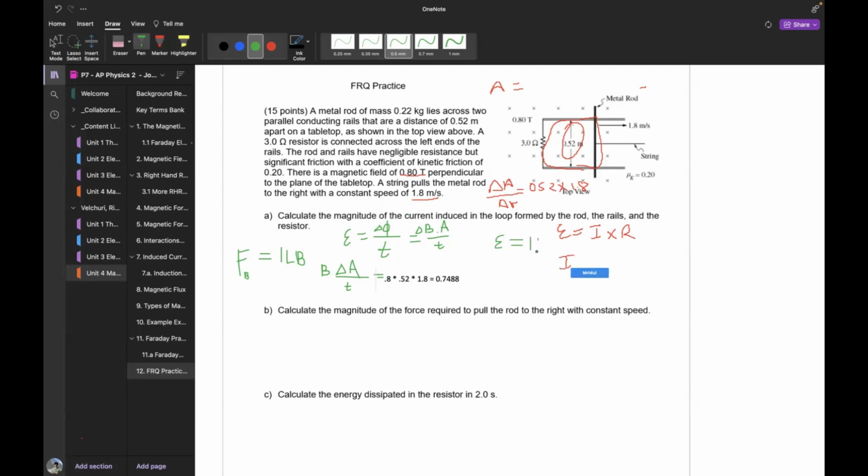My current will be given by EMF upon resistance, 0.7488 by 3, which is 0.2496. This is the current in amperes.